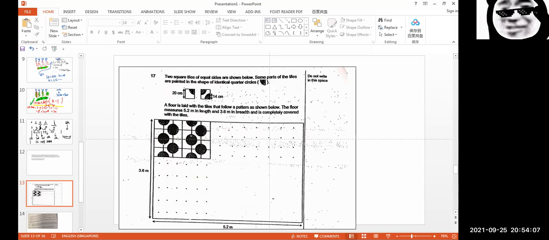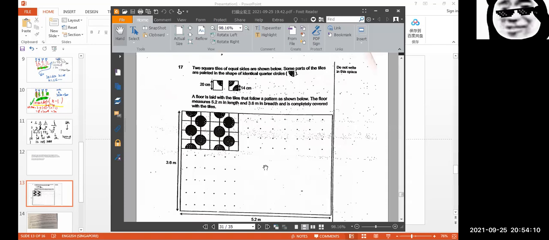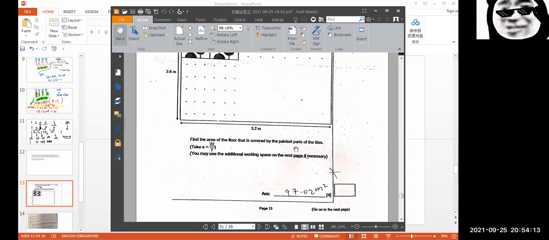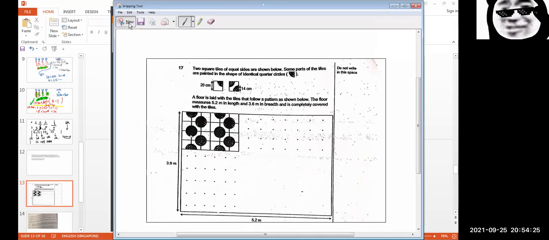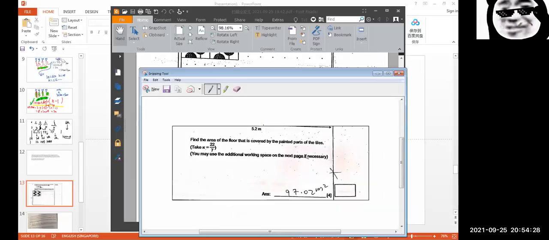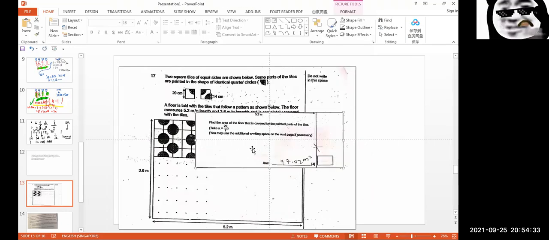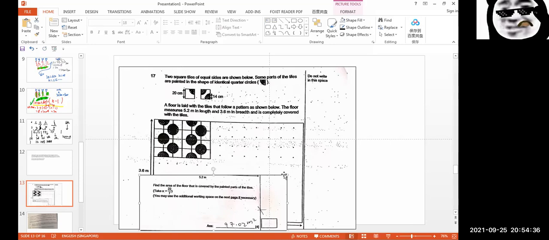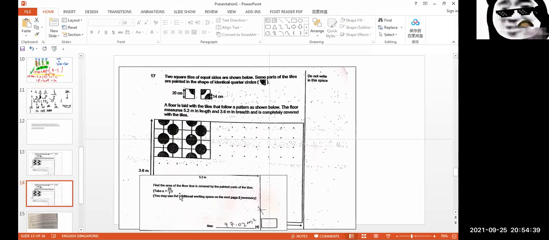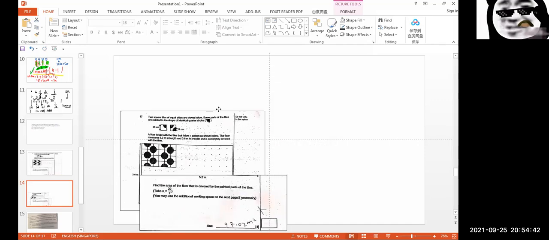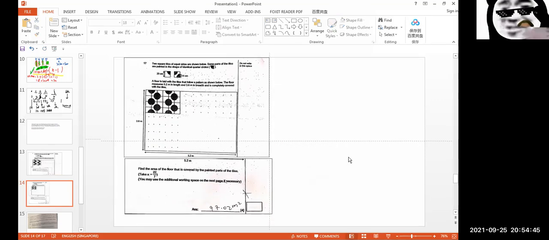What is the question asking? The question is asking, find the area of the floor that is covered by the painted parts of the tiles.